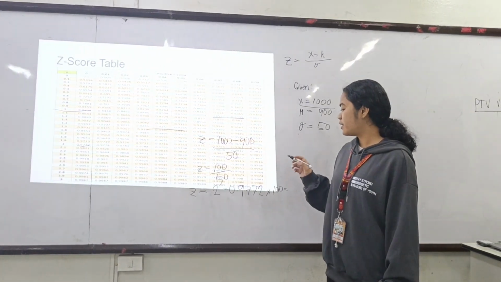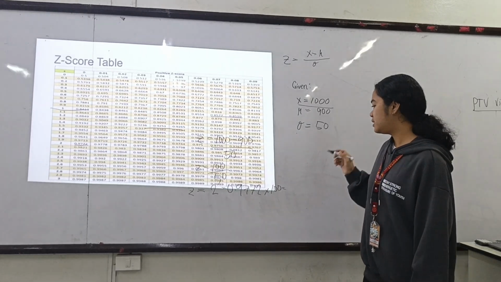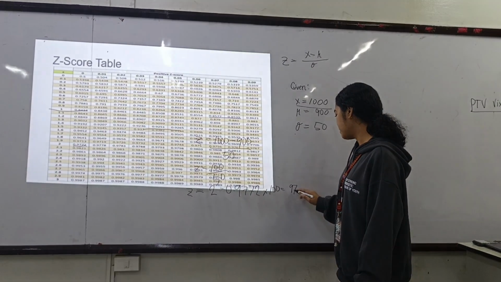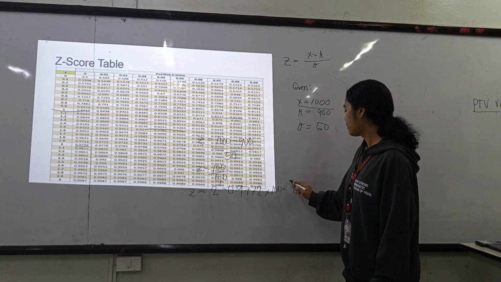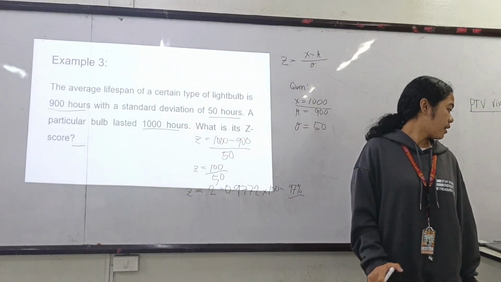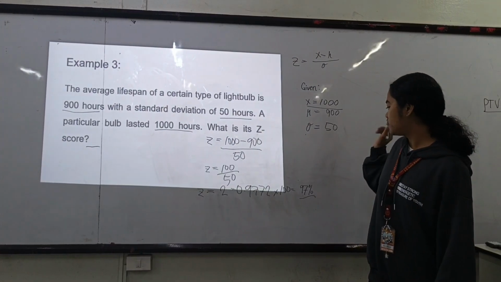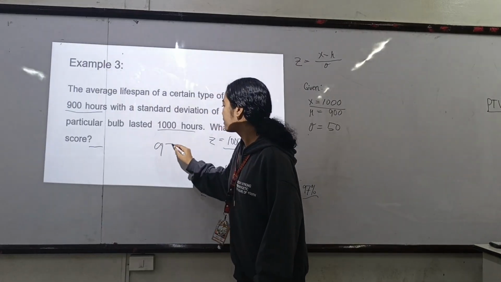So 0.9772 times 100 is equal to 97%. So the z-score of example number 3 is 97%.